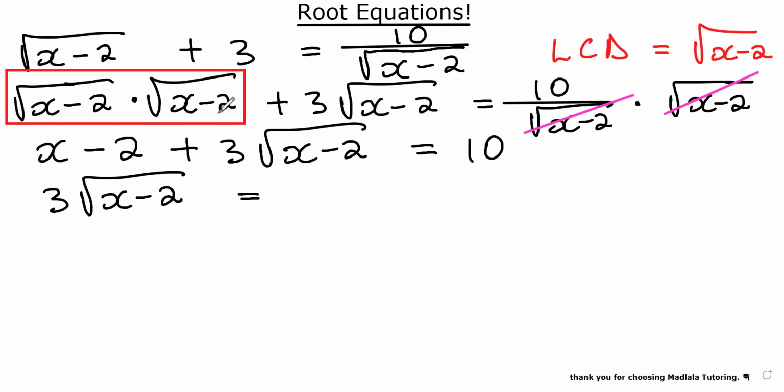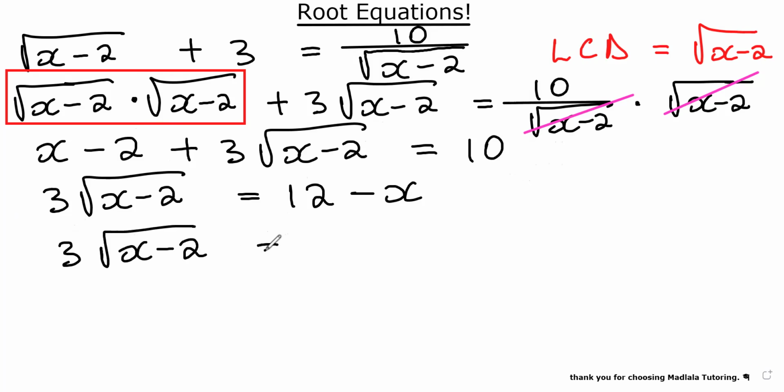What about on the right? Well, on the right, we have the 2 becomes positive, so we get a 12, and the x becomes negative. Then after isolating like this, let's add another step of squaring on both sides.